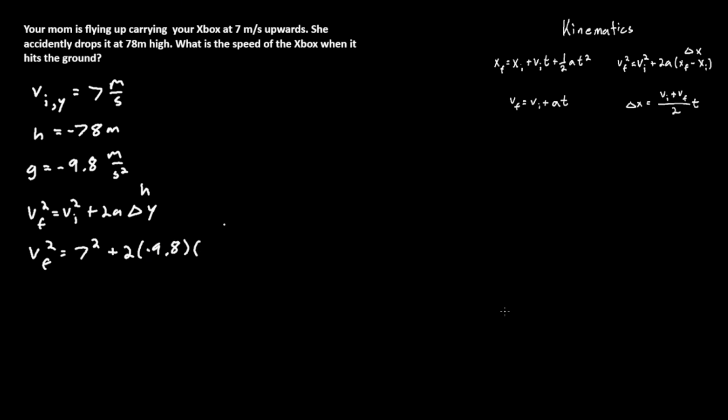Keep the negative in there. And also, your height is negative 78, so your delta y is negative 78. If you solve for everything here, plug it into a calculator, you get your final velocity as 39.72 meters per second.